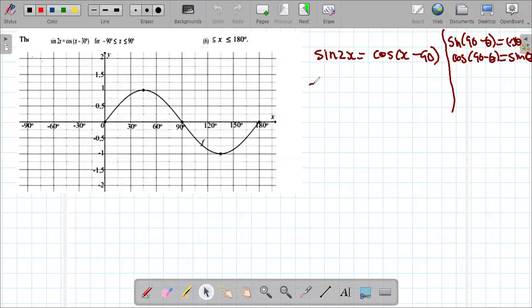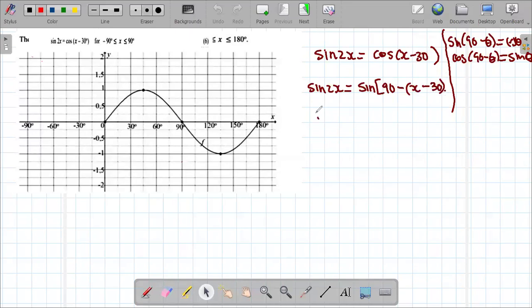So I'm just going to say sine 2x equals sine of 90 minus, oh sorry, this is 30. Why am I writing 90? This is 30. Cos of x minus 30. So it's either I'm going to say sine of 90 minus x minus 30.